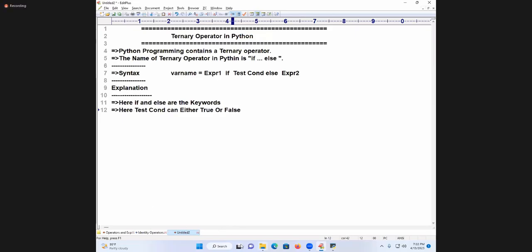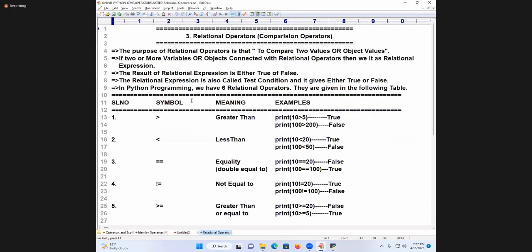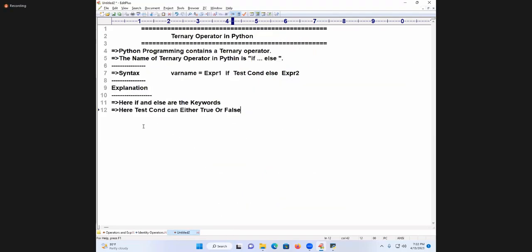I will open the relational operators, because if you read the notes, you will be very perfect in that. Relational expression is also called test condition, and it gives either true or false. If you don't read, you cannot understand. There is no doubt in that.